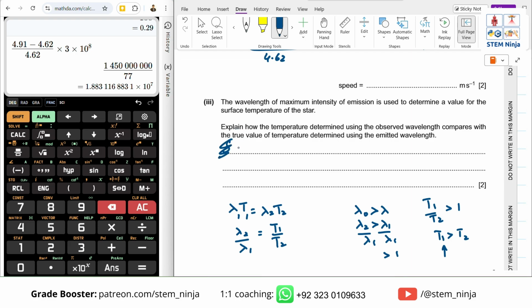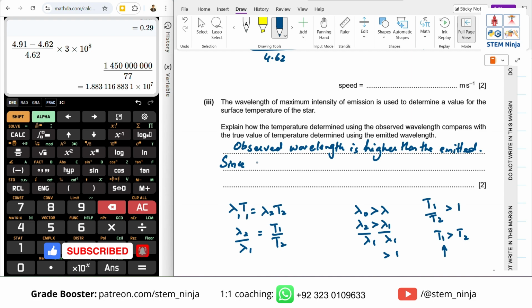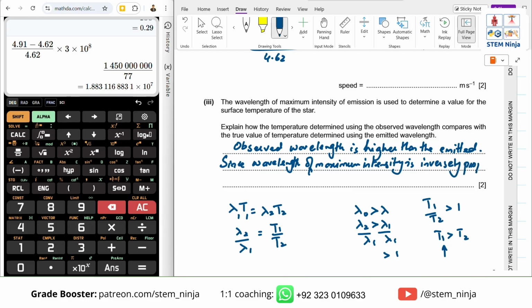So the observed wavelength is higher than the emitted wavelength, since you could use Wien's displacement law: wavelength at maximum intensity is inversely proportional to surface temperature.